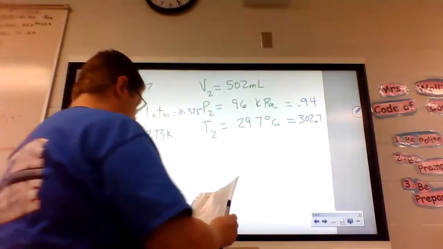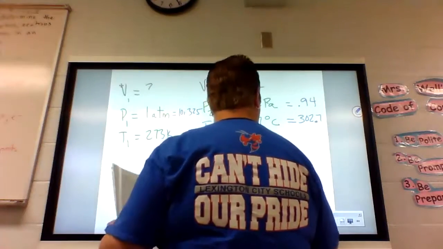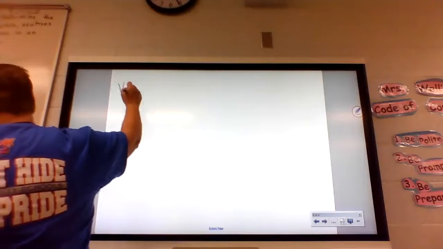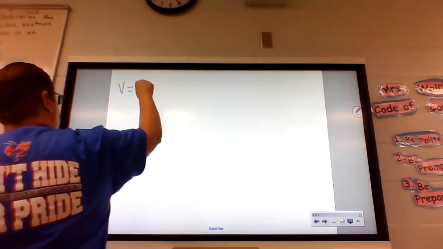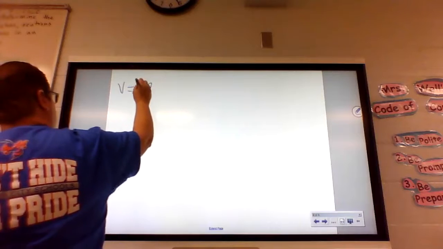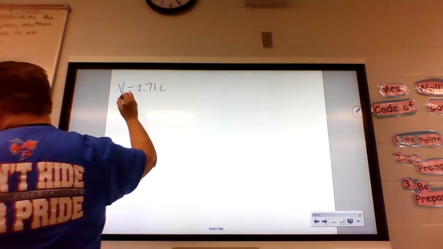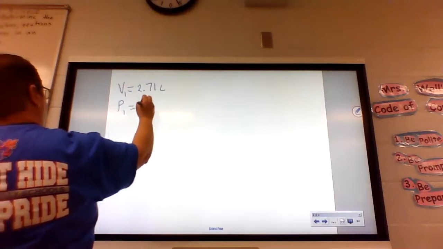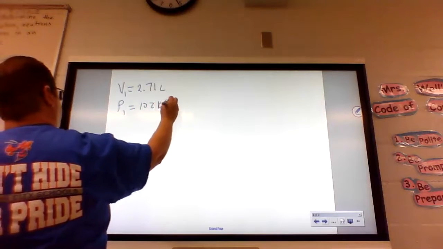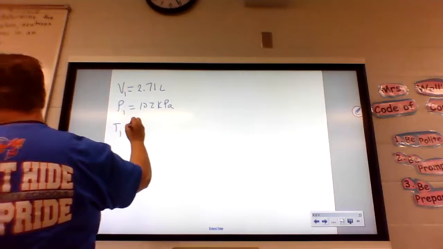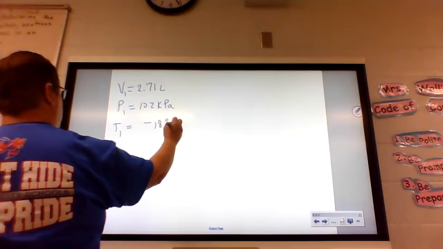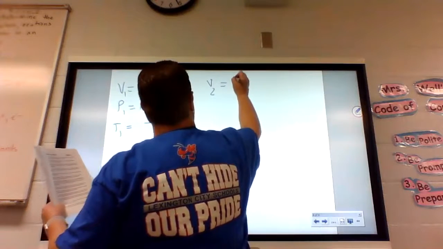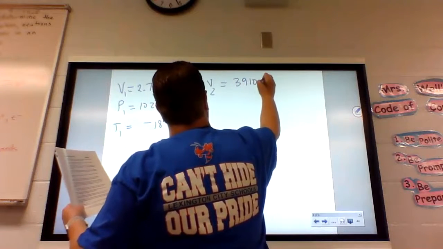All right. 12 says, odds are good. This one's probably a unit conversion. So you've got volume 1 is 2.71 liters. And then it says 102 kPa. And then T1 is negative 18 degrees Celsius. Wait, which question is it? This is 12. And then you have 39.10 milliliters.